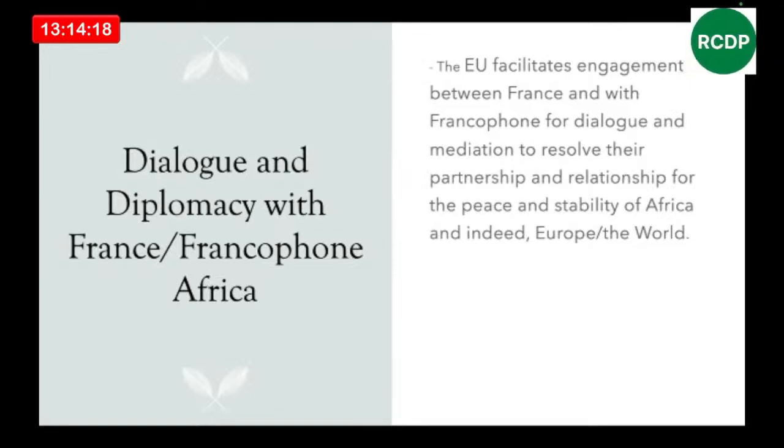This point was also very much highlighted by Professor Munzali. And this, of course, also goes to show that we needed to do a lot in terms of not just dialogue with EU, but specifically with France and also Francophone Africa. And of course, we need the support of EU to facilitate this process, and of course, building a robust partnership and relationship for strengthening peace and stability within Africa and beyond.